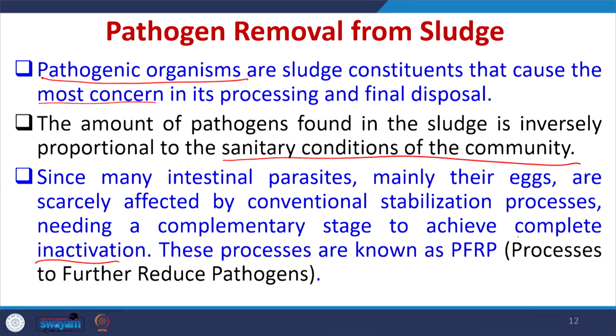Then there are many intestinal parasites, mainly their eggs, which are scarcely affected by the conventional stabilization process, needing a complementary stage to achieve the complete inactivation. So, we require many times a complementary stage for this complete inactivation, and these processes are known as processes to further reduce pathogens, PFRP. The processes which are used to further reduce the pathogens, so this is PFRP.